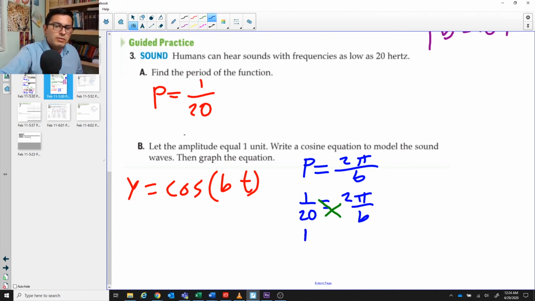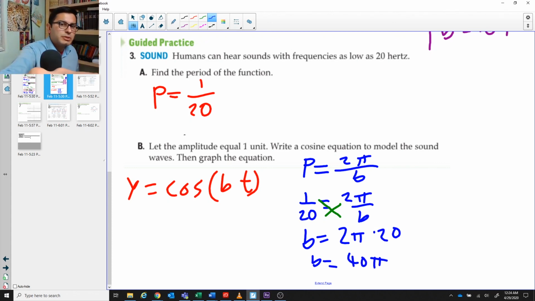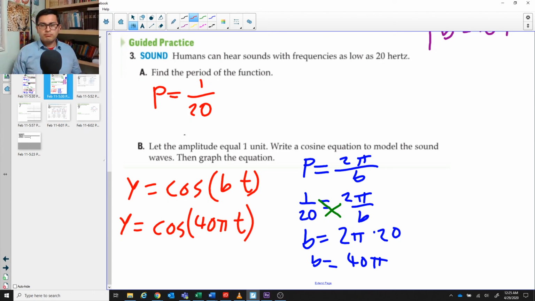That is going to leave us with a b value of 2 pi times 20, or a b value of 40 pi. So 40 pi is going to be going in place of our b value. So our finalized trig function is going to equal cosine of 40 pi t. I'm pretty sure.